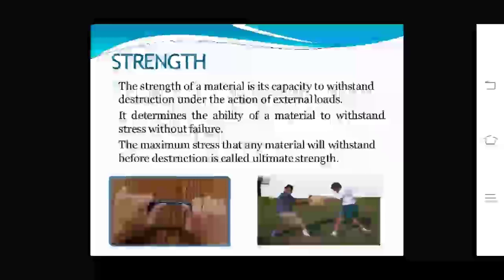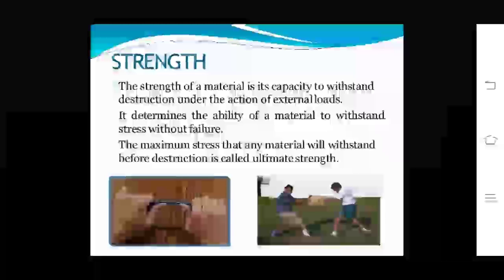The next property of metal is strength. The strength of material is its capacity to withstand destruction under the action of external loads. It determines the ability of material to withstand stress without failure.